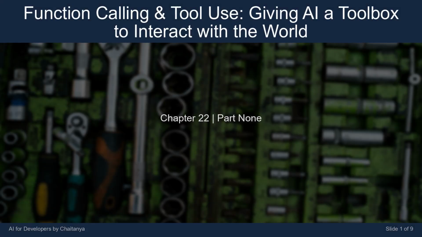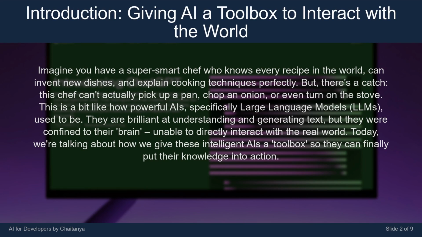I'm Chaitanya Talking Bot. Today's lesson is titled Function Calling and Tool Use, giving AI a toolbox to interact with the world. Imagine you have a super smart chef who knows every recipe in the world, can invent new dishes, and explain cooking techniques perfectly. But there's a catch. This chef can't actually pick up a pan, chop an onion, or even turn on the stove.